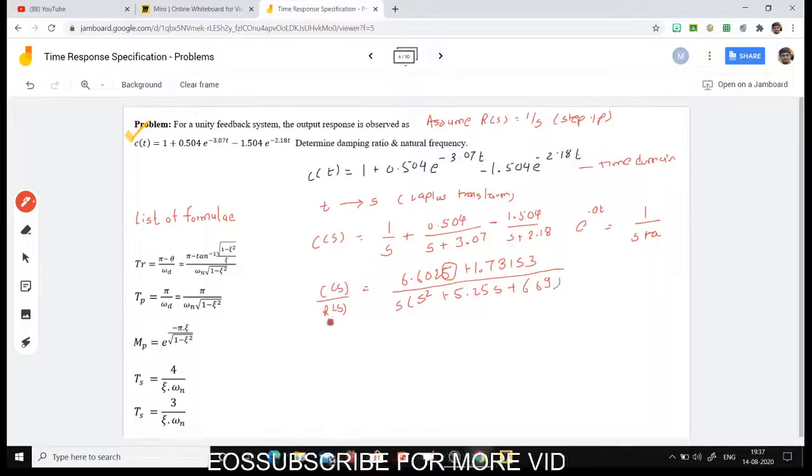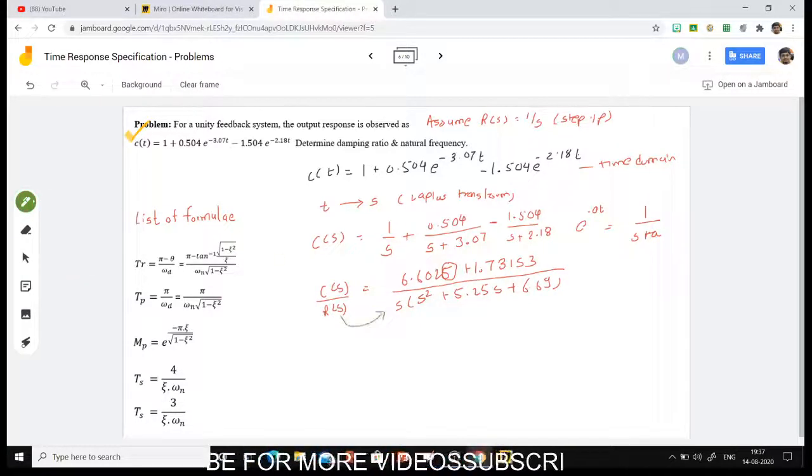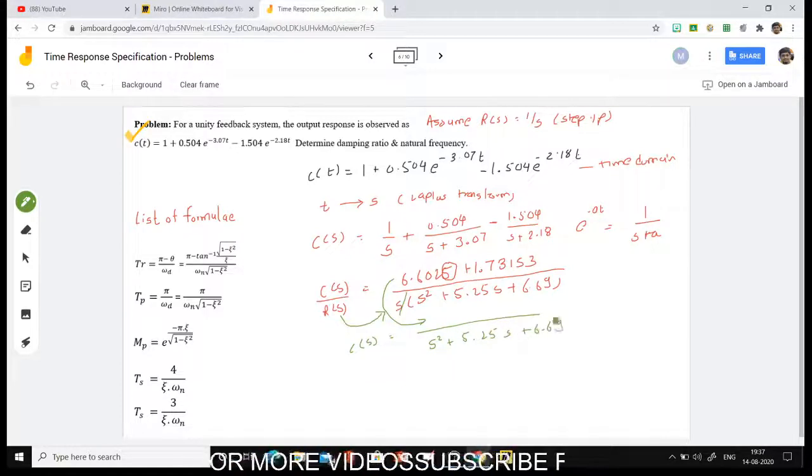Okay, and then we substitute R of S as 1 upon S, so that will cancel out the S. So finally you get C of S is equal to the same numerator upon S square plus 5.25S plus 6.69, and this is what your characteristic equation is.